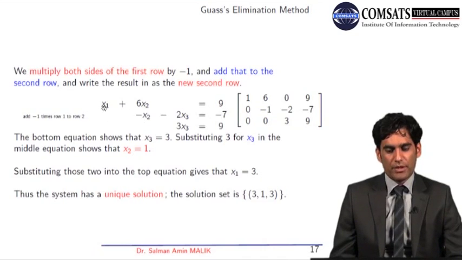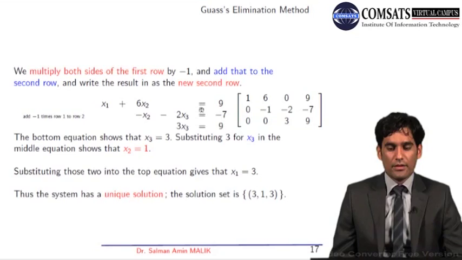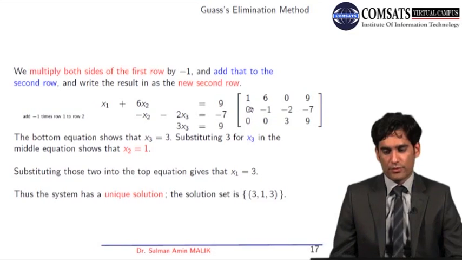My new system of linear equations will be like this. Why did we do this? Because I want to make the coefficient of x1 zero in the second equation. So the same thing I did in the augmented matrix. So this is the augmented matrix.